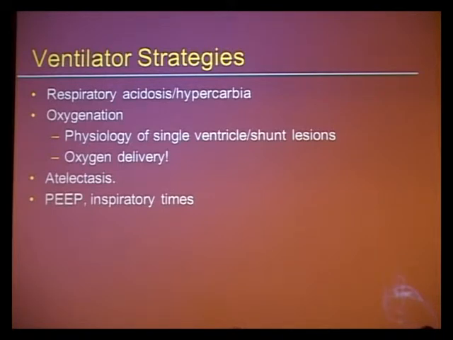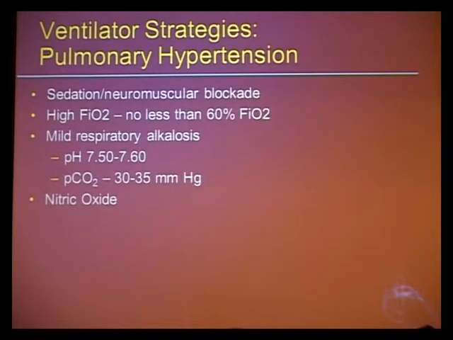We have to oxygenate very well the patient despite the patient has a single ventricle morphology, treat atelectasis, use PEEP, and so on. You can alkalinize the patient, you can ventilate the patient, putting the patient in a mild respiratory alkalosis, use nitric oxide, and we will discuss nitric oxide after.